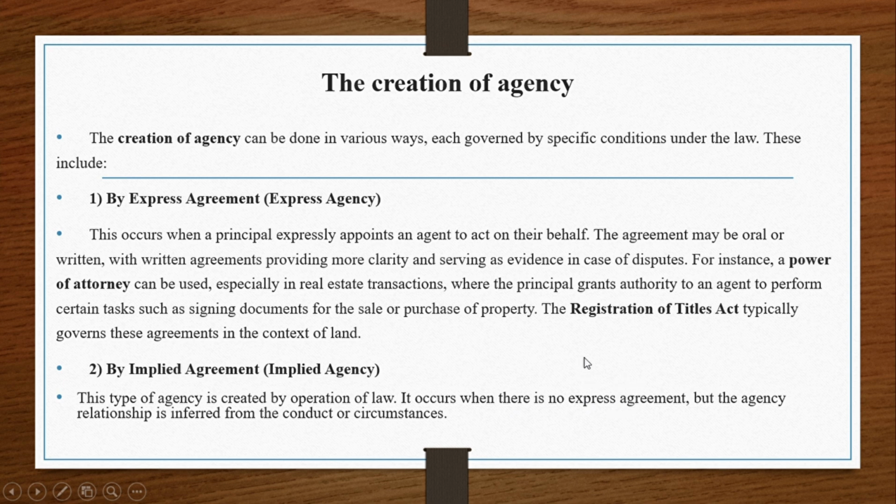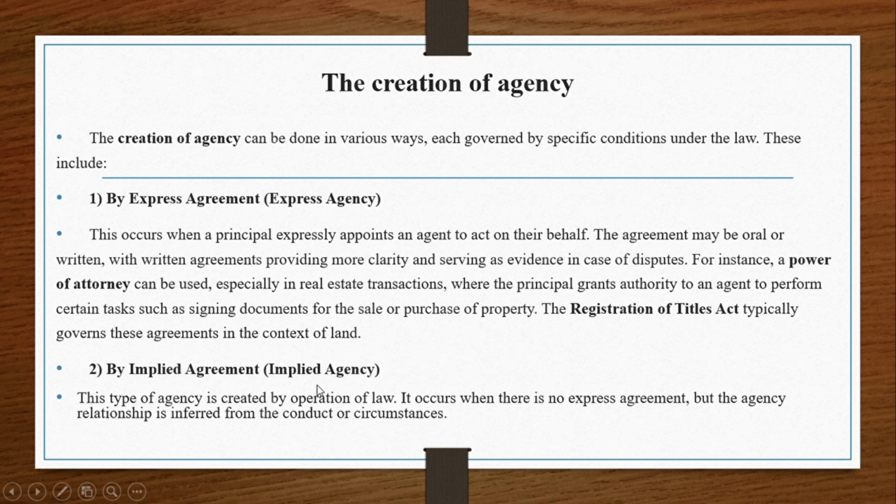It is not stated, not said or written anywhere, but the agent's relationship is inferred from the conduct or circumstances. It is not expressly stated by the principal, but depends on the relationship between the principal and the agent, their conduct and some other circumstances.